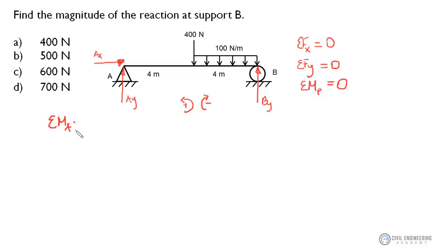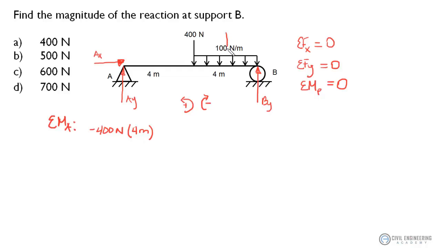So as we look at these moments about point A, we've got 400 newtons acting down at a distance of 4 meters away from point A. We've got a distributed load here.